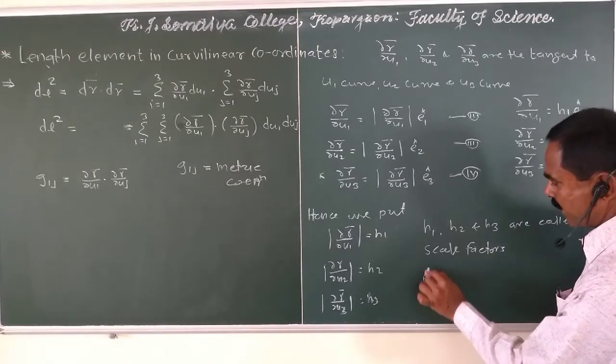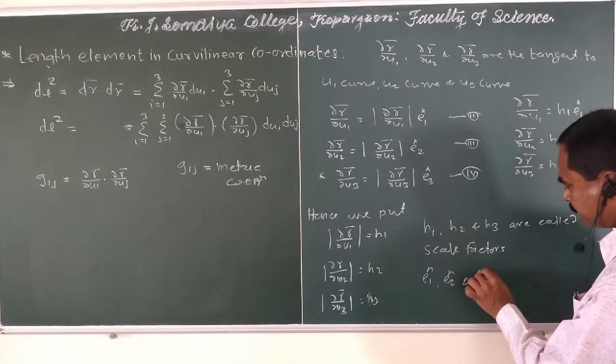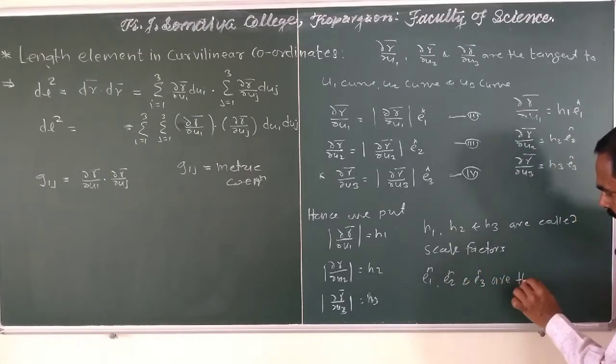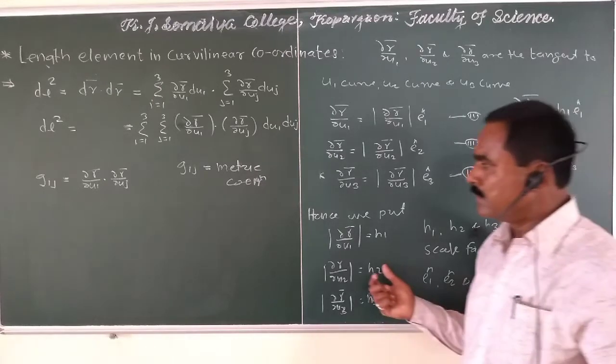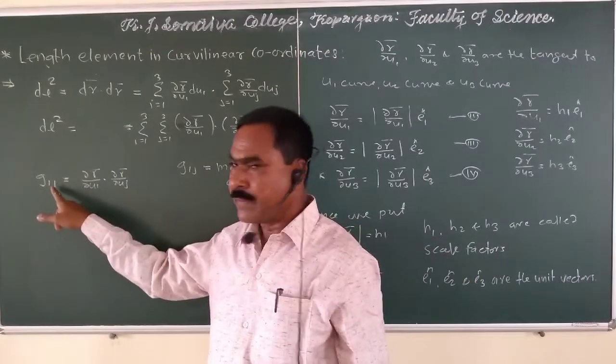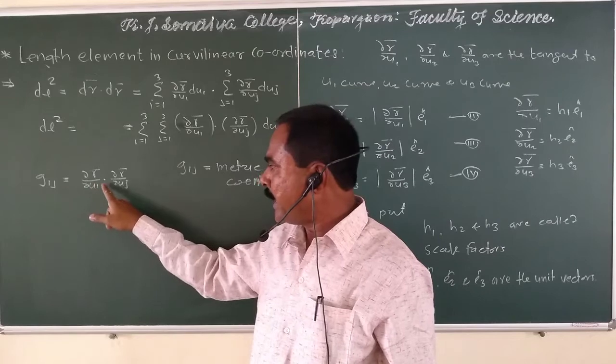Here e1 cap, e2 cap and e3 cap are the unit vectors. Okay. So here we have written gij equal to ∂r/∂ui · ∂r/∂uj.